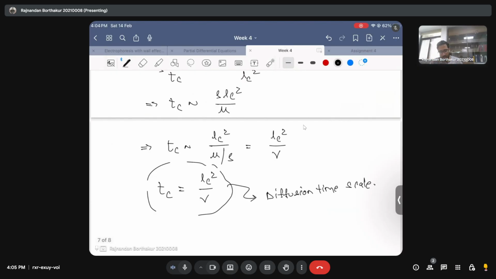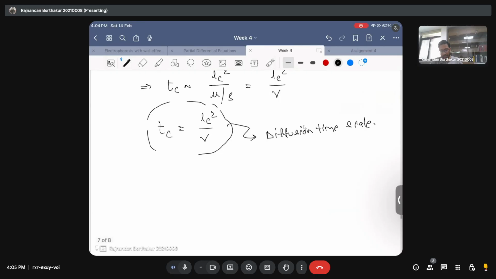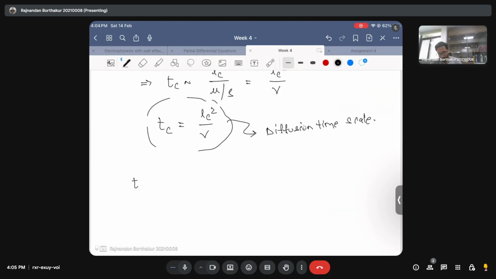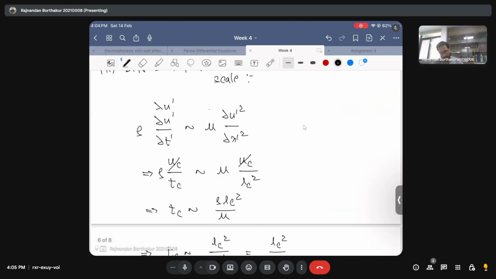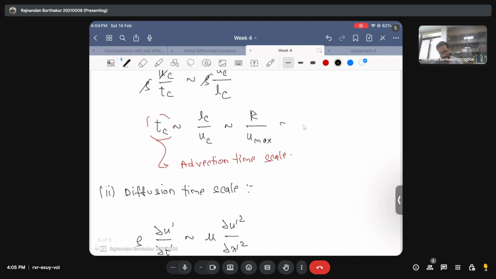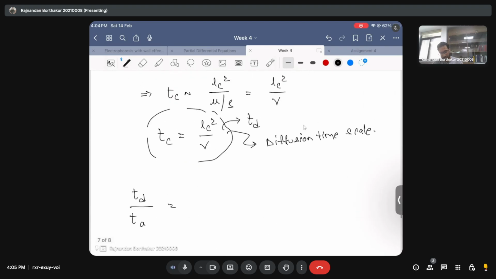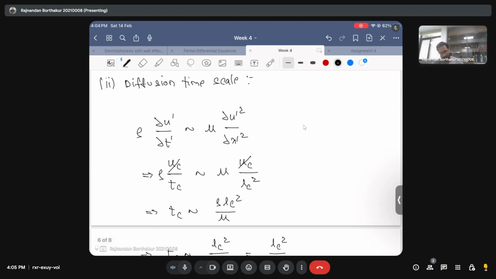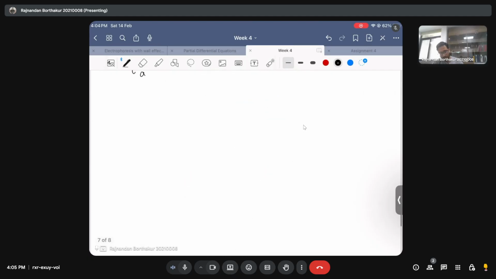So quickly you can check one thing. Let's take the ratio of the diffusion time scale to the advection time scale. This is generally known as td, the diffusion time scale, and this is generally called ta, the advection time scale. Let's see what we get. The diffusion time scale is lc squared by nu, and my advection time scale is lc by uc.